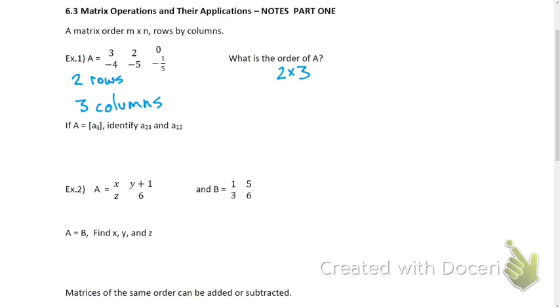Down here where we say A and they use little subscript characters i and j, i is referring to the row number, and j is referring to the column number.